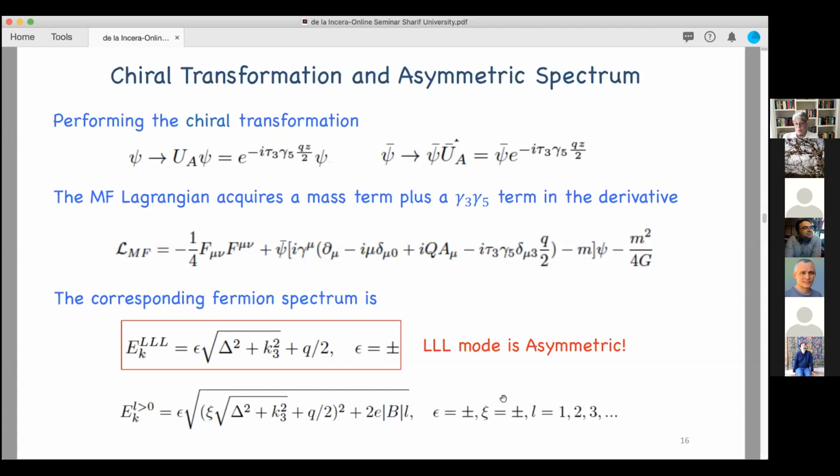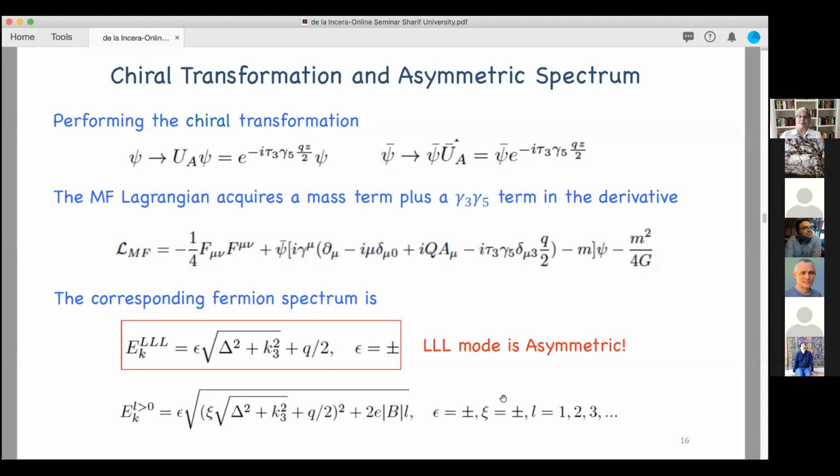This is not 1+1, this is 3+1, but the magnetic field reduces the dimension of the lowest Landau level, and that combined with the condensate, the density wave, is what produces this asymmetry.